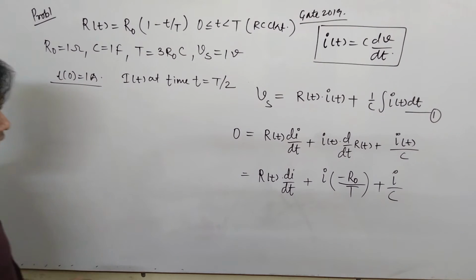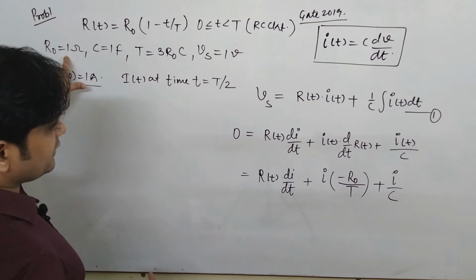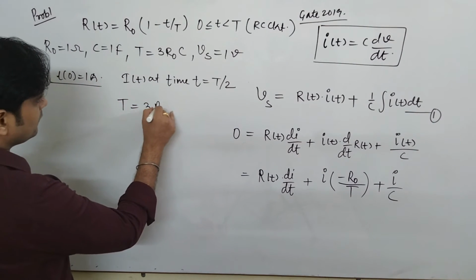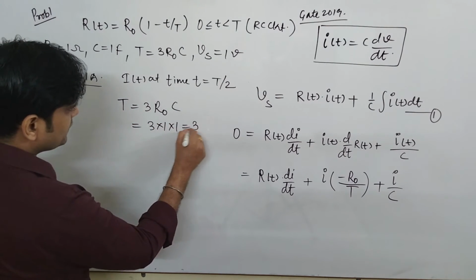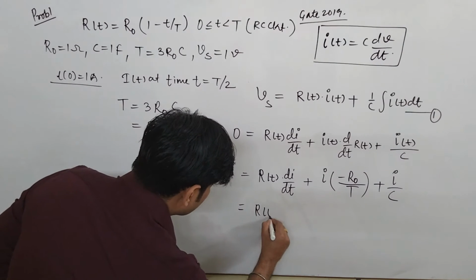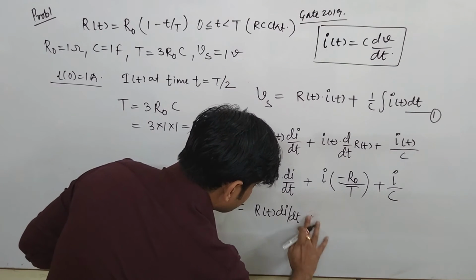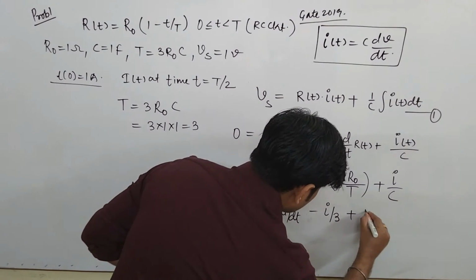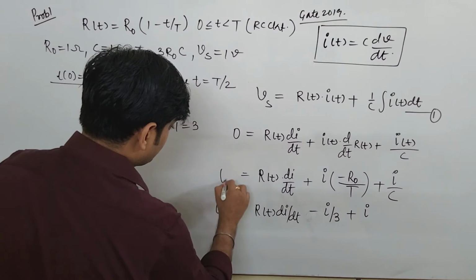Now if I see this, the value of R naught is 1 ohm, the value of T is 3 R naught C, so T is 3 into 1 into 1, which comes to be 3. So you can write it once again as R(t) di by dt, not plus, it is minus i by 3 plus i, because C is 1, so it will become i, that is 0.